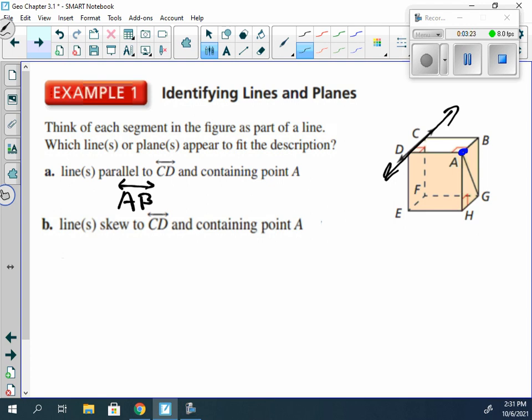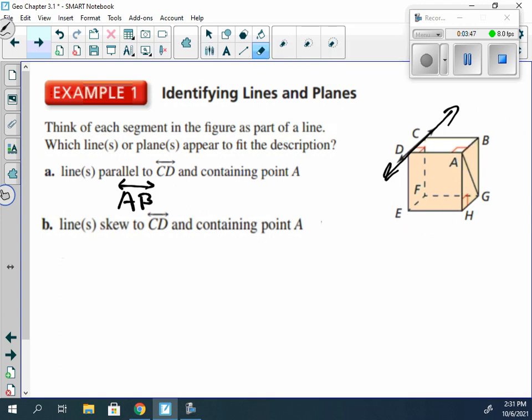Would the line EF work? Would EF be parallel to CD? Yeah, but it doesn't contain point A, because it is contained in the plane.